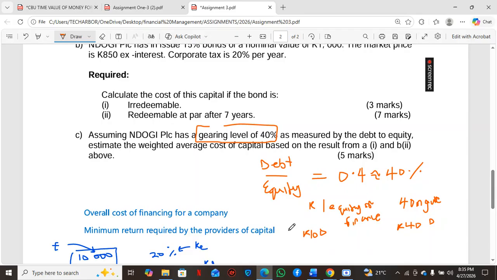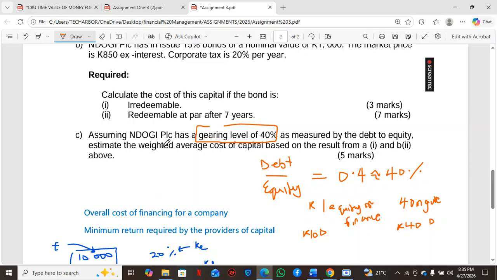So this information is what we're going to use for our weightages, because the question hasn't told us how much equity financing or debt financing this company has. They've only given us the gearing level. So we're just going to assume some estimates.